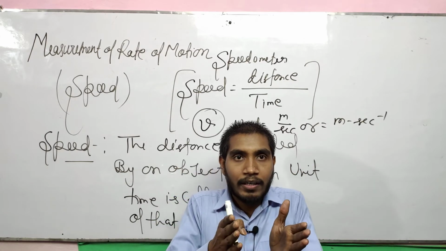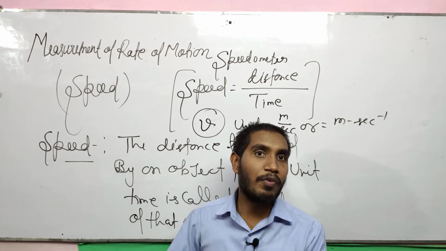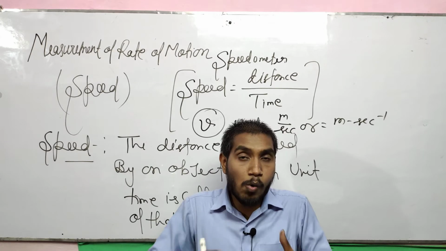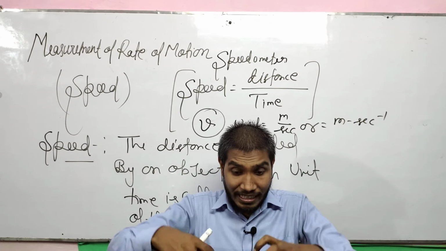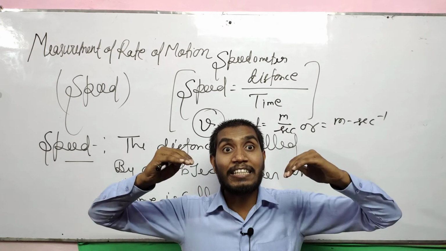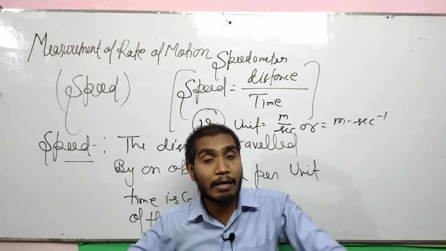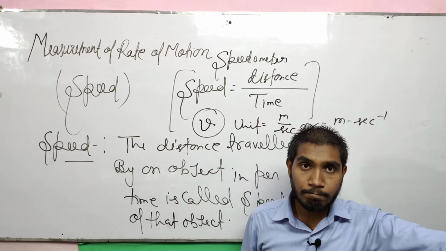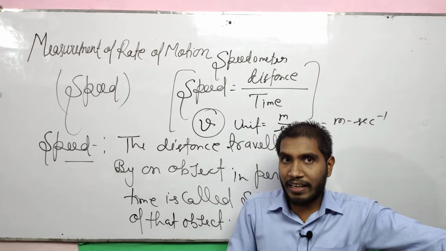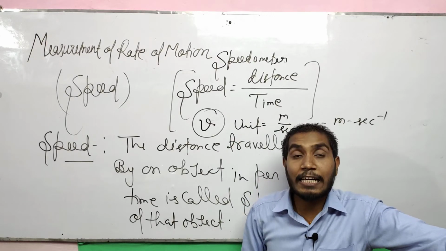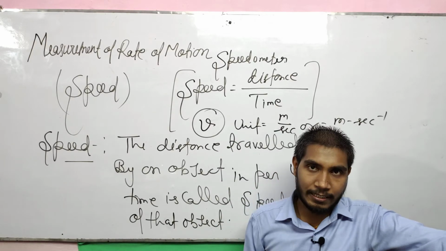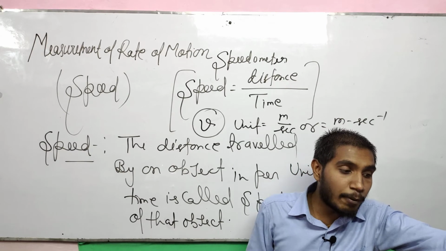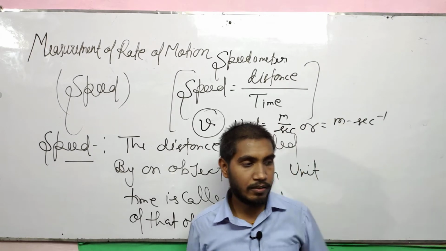How can we calculate the speed at this time, when my speed is sometimes fast and sometimes slow? There is a different way to express the speed. That is called average speed. Which type of speed? Average speed.